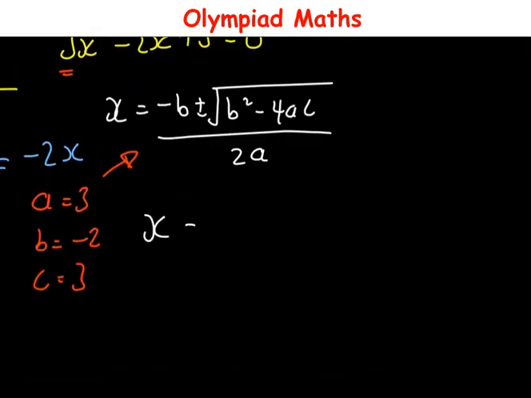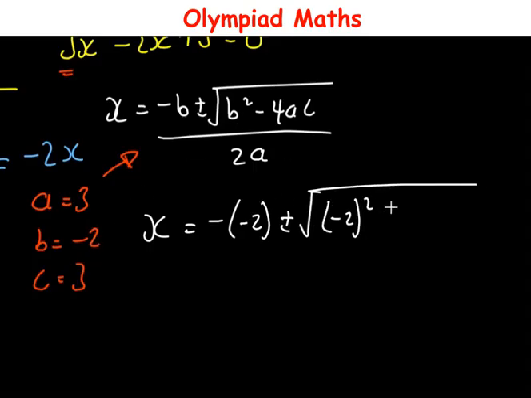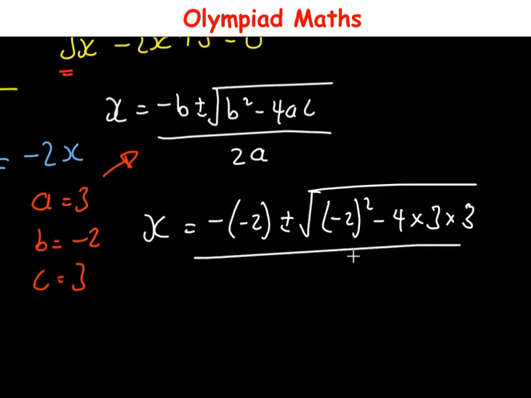Inputting the values of a, b, c into the formula, x is then equal to minus b, b is minus 2, plus or minus square root of b squared, so minus 2 all squared, minus 4 times a, which is 3, times c, which is 3, all over 2 times a, which is 3.